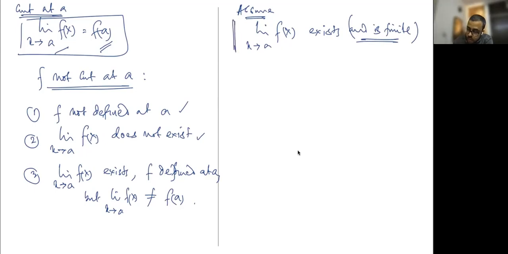Then what you can do is define a new function, let's say g, which is f(x) if x is not equal to a. So except for a, at all other points, you define this function to be exactly equal to f(x). And at a, you define it to be this limit, exactly this number.